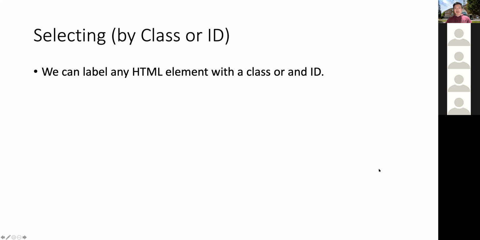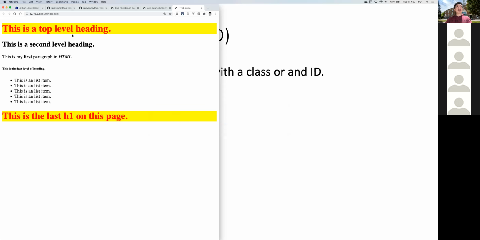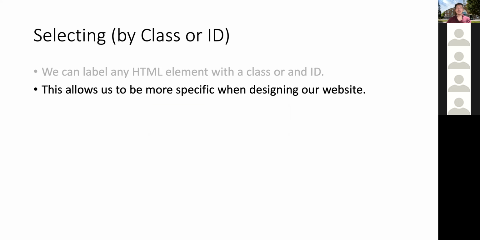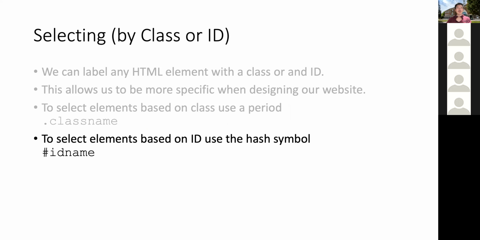Okay, and then comes the other part. Sometimes, for example, you don't want everything of the same element type to have the same formatting. For example, you might want this title to be red with yellow background, but this H1, I don't want it. And this is where the class or ID comes in. It allows you to select which one gets formatted and which one does not, even if they are the same type of element or tag.